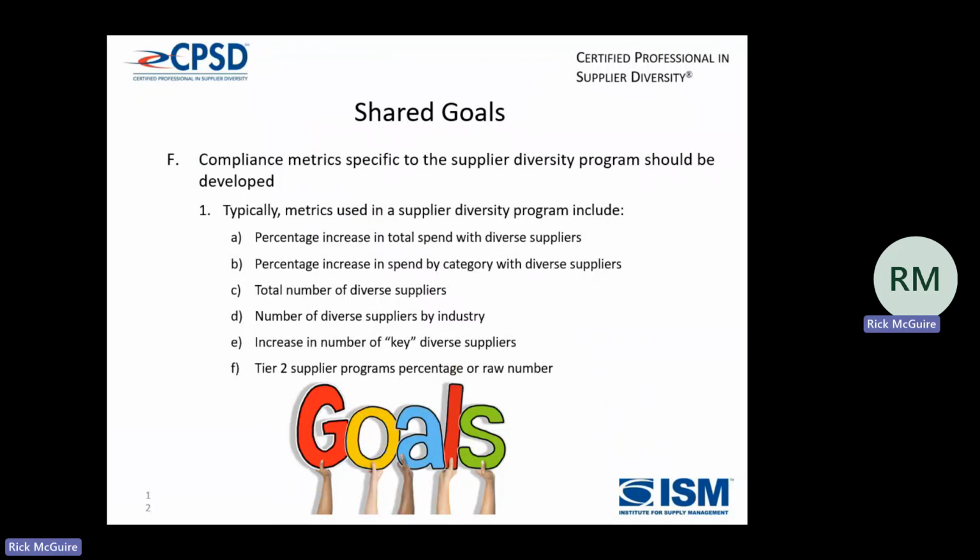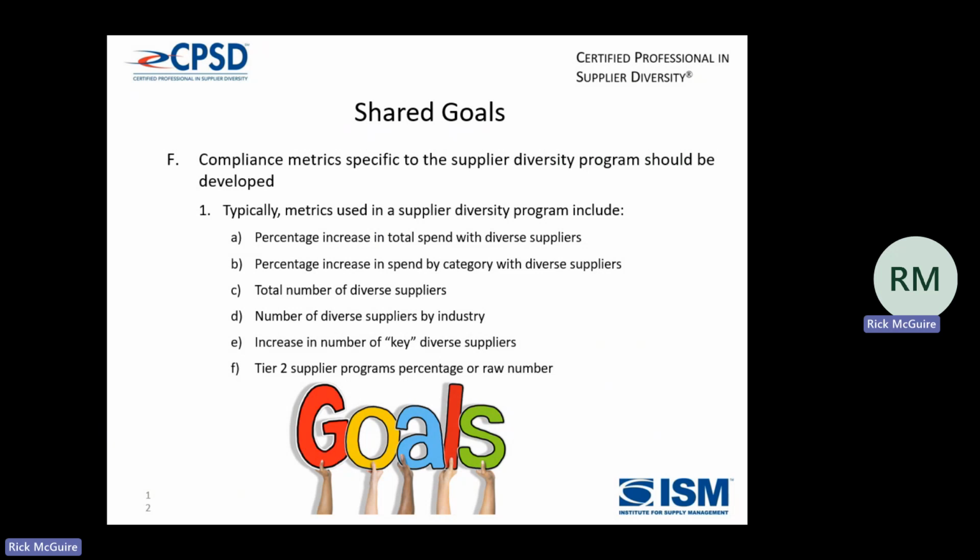Compliance metrics specific to the supplier diversity program should be developed. Typically, metrics used in a supplier diversity program include things like percentage increase in total spend with diverse suppliers. That's kind of the number one thing that's measured. How much money do we spend with them in percentage terms? Percentage increase in spend by category with diverse suppliers.